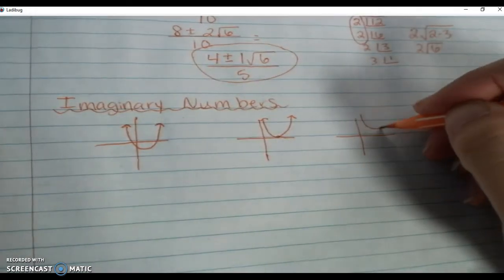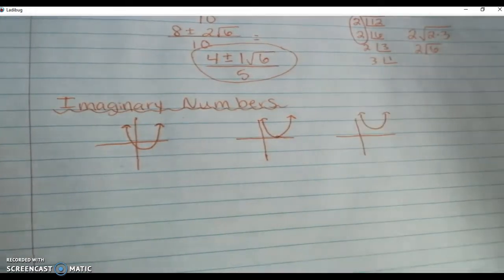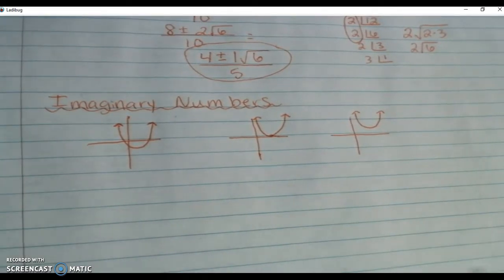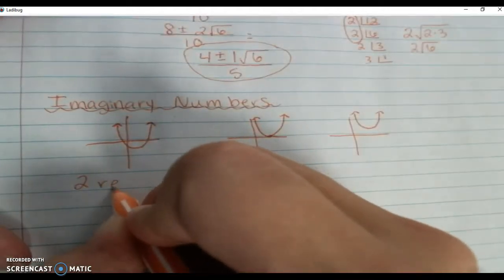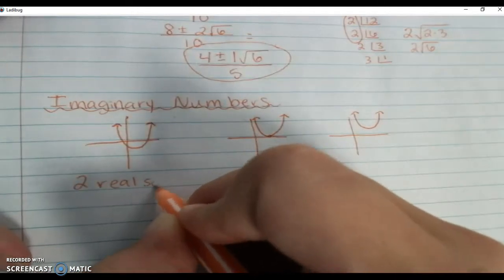And the other one looks like this. So if we look at the first one, how many times does it cross the x-axis? 2 times. So this one would have 2 real solutions.